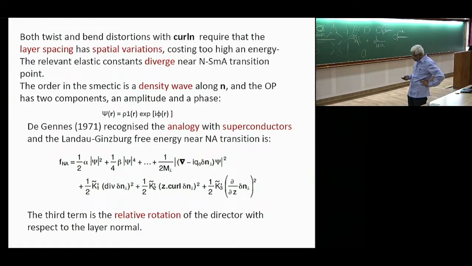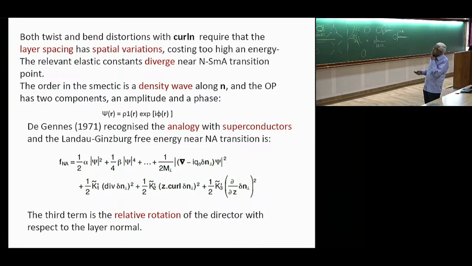Then de Gennes in 1971 realized the following: this is a density wave actually, which has two components. One is the magnitude, the other is the phase of the density. And immediately he recognized an analogy with superconductors, because the wave function of the Cooper pairs again has a phase and an amplitude. So once you recognize that analogy, many things follow.